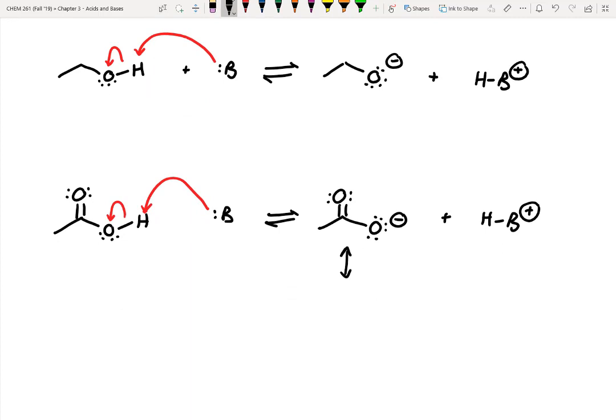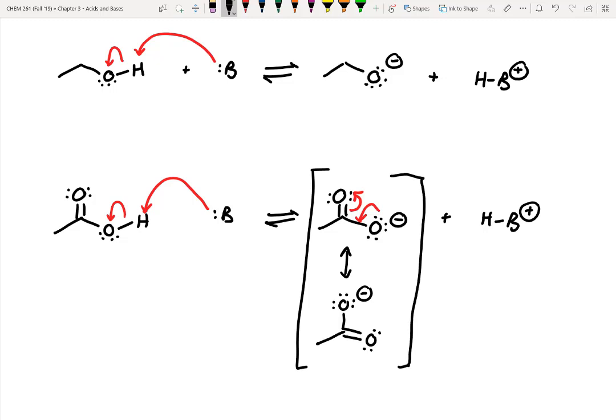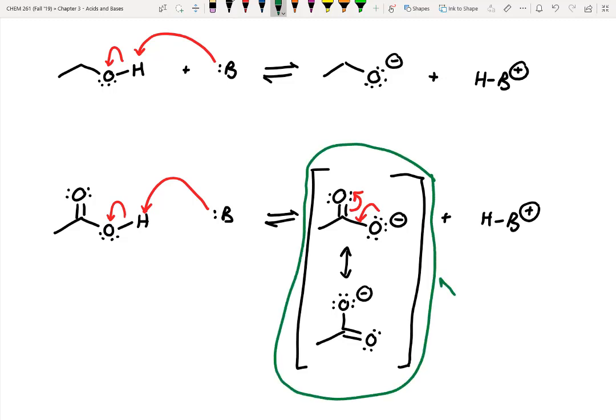If you want to draw the resonance structure, definitely practice it. We can push electrons up to that oxygen, and the negative charge doesn't belong to one oxygen for the lower conjugate base. It's actually shared between the two. So immediately we can say that this is more stable due to resonance.